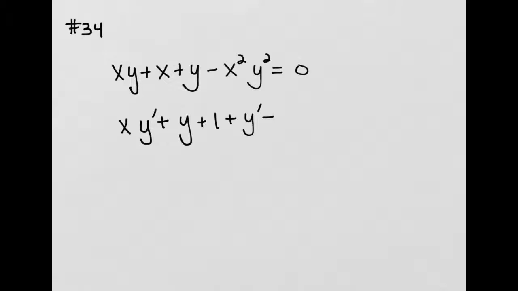Minus, now again we have to use the product rule. I'm going to use parentheses here. So it's the first times the derivative of the second. So just be really careful that you differentiate between the y and the y prime. Don't lose those primes. Plus the second times the derivative of the first. And that all equals 0.